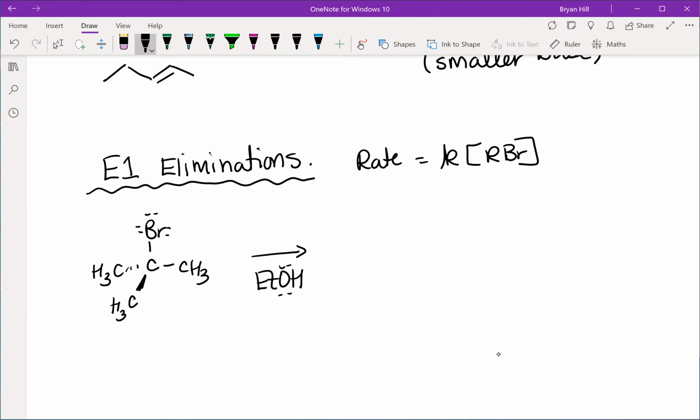So if you're ever trying to do an E1 elimination reaction specifically as opposed to an E2, one of the ways that you could go about doing this is reducing the concentration of your base by a lot. So you would use a dilute concentration of your ethoxide.